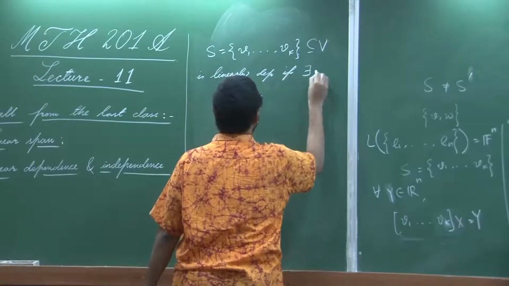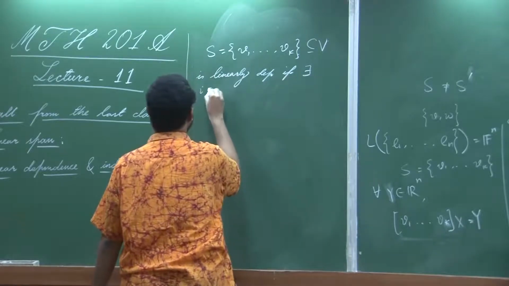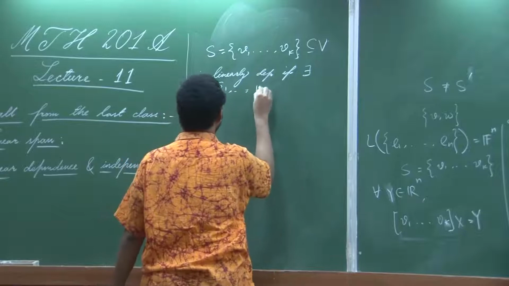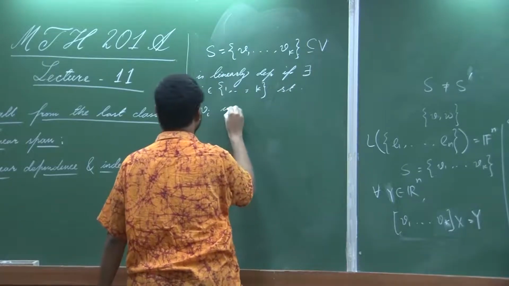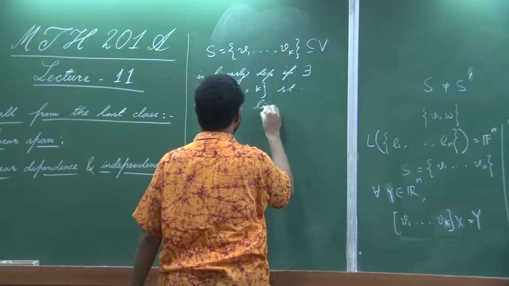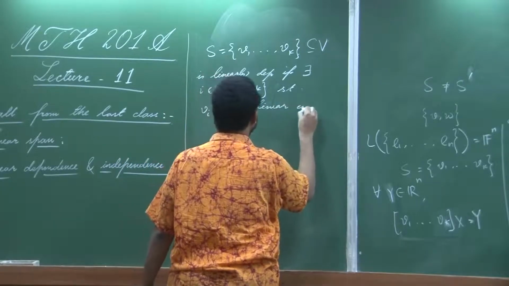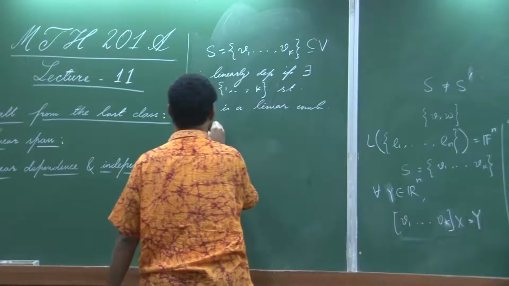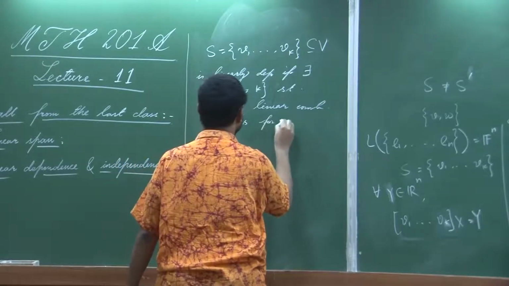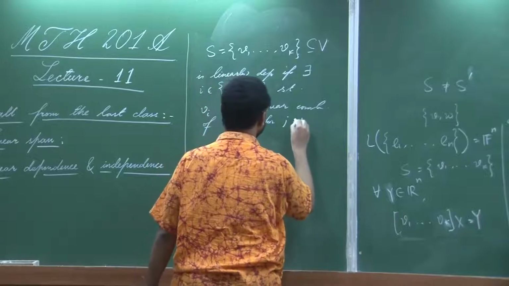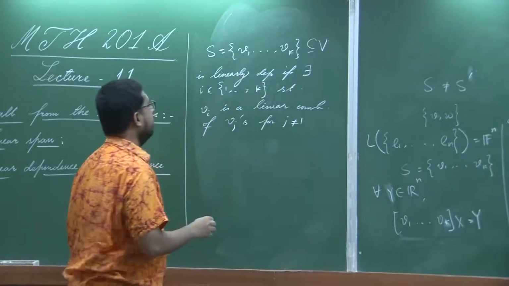So, it is linearly dependent if there exists i such that vi is a linear combination of vj's for j not equal to i.